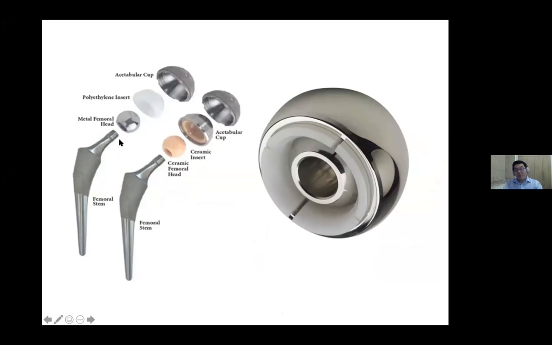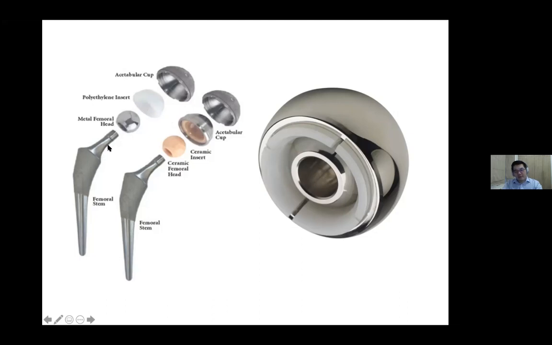Okay, because ceramic tends to last longer, but they also are much more expensive. And also at the same time, there's a chance of it breaking because of it being ceramic. But this is meant for those who are below 50 years of age. Those who are above 50, we tend to give the plastic liner because we don't worry about the long-term longevity of implants then.